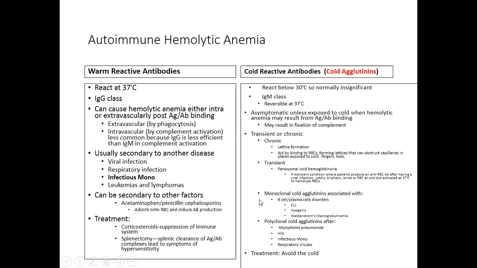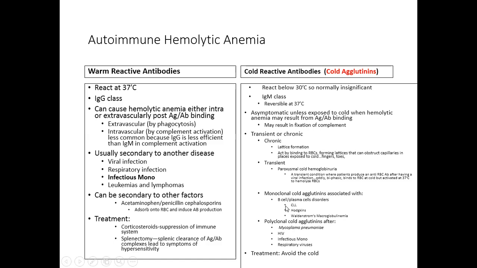Also, cold reactive antibodies can be a result of monoclonal antibodies that are produced in these kinds of B-cell dyscrasias, CLL, Hodgkin's, Waldenstrom's, all really strong B-cell diseases that produce cold agglutinins.